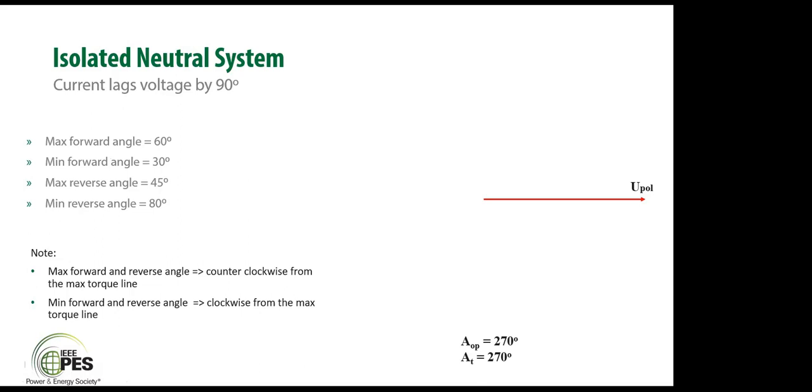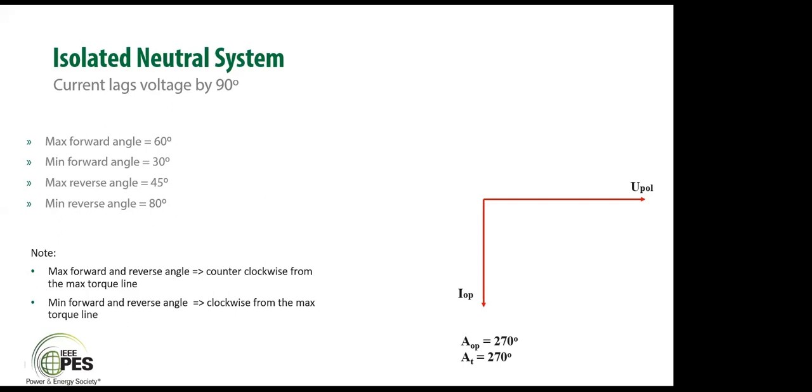So I said before that the starting point or the reference point of our calculation is the polarization voltage. That means U pol. So we have the polarization voltage marked with red color. We have operational angle of 270 degree. So at 270 degree with respect to the polarizing voltage, we have the operational current.